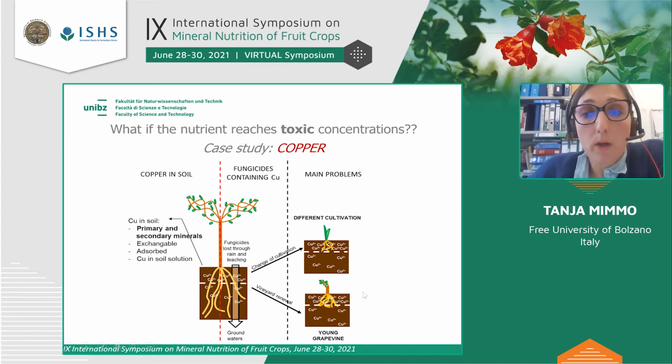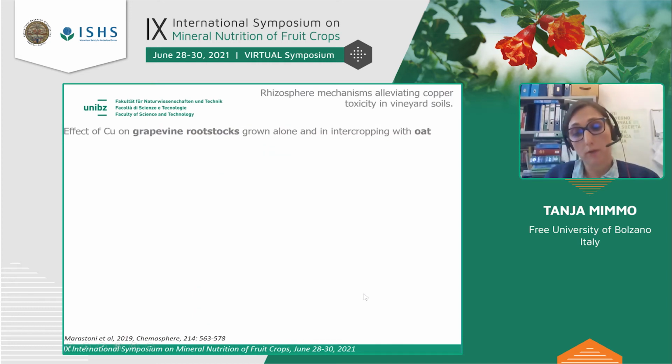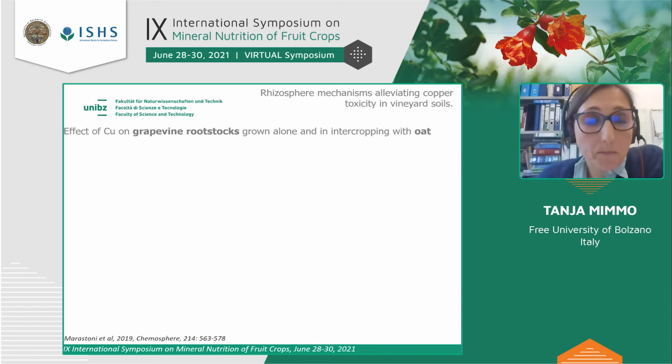So what we did is we chose different rootstocks, and we looked at the effect copper has on them, but we were also interested in possible agronomic practices that could alleviate this copper toxicity. Based on preliminary results and also on literature data, we hypothesized that intercropping with grasses like oat could be a valuable strategy.